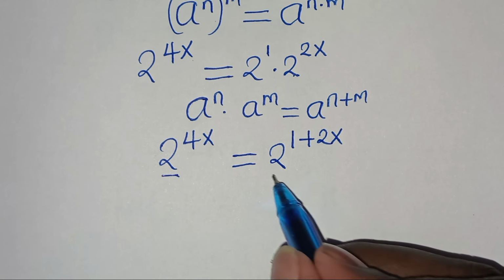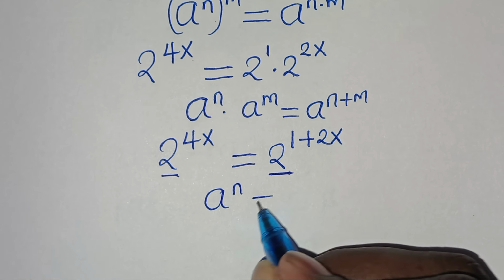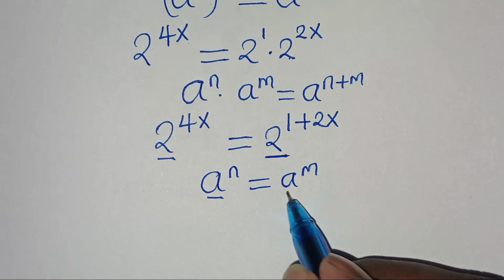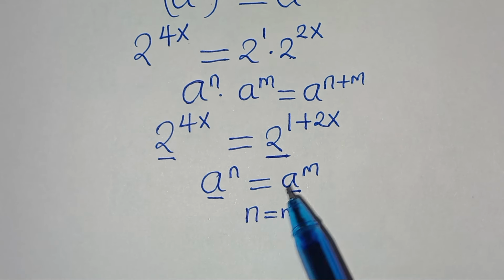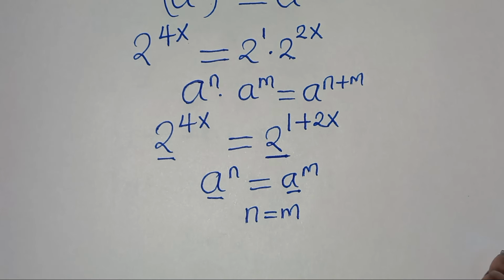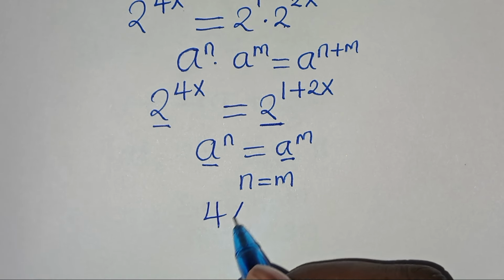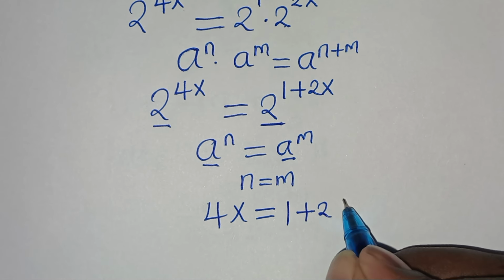Since the bases are common, exponent n is equal to m. So here we have 4x equal to 1 plus 2x.